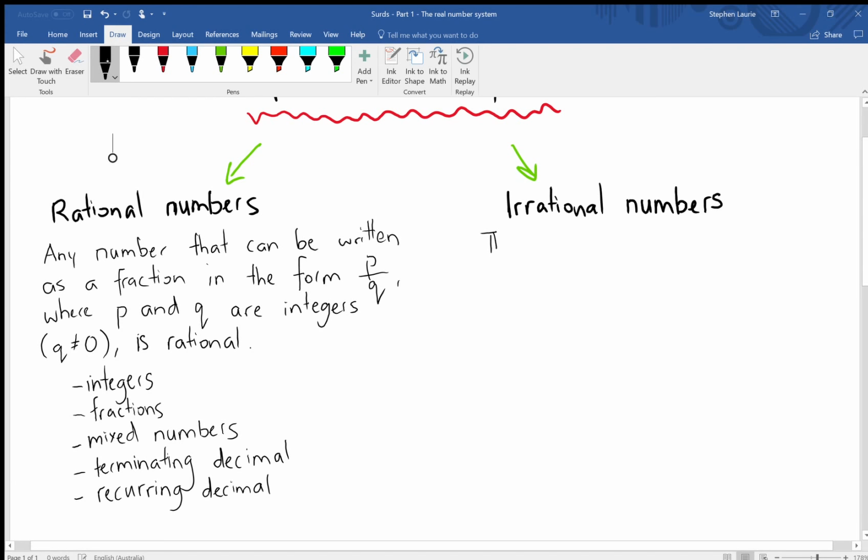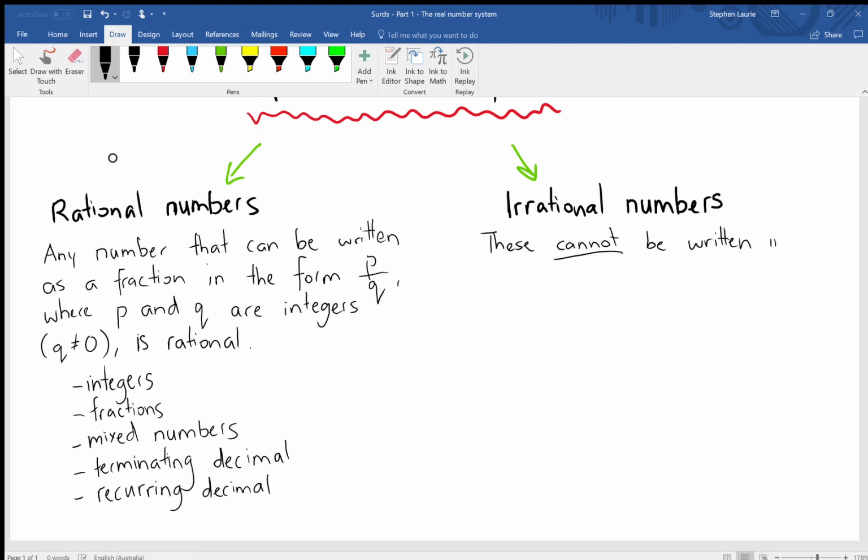These are numbers that cannot be written in the form P on Q. And also when we look at them as decimals, they go on forever, but there's no recurring, there's no pattern. So the decimals go on forever with no pattern.